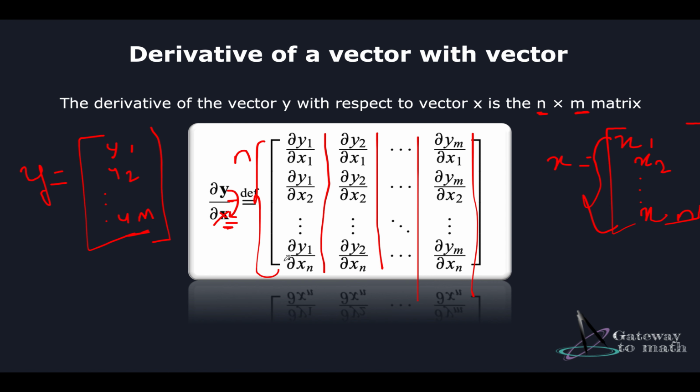Similarly, this will be iterated until xn rows. Remember, x is a vector which has n number of rows. So the final row shall be del y1 upon del xn, del y2 upon del xn, and this will iterate until del ym upon del xn is obtained.